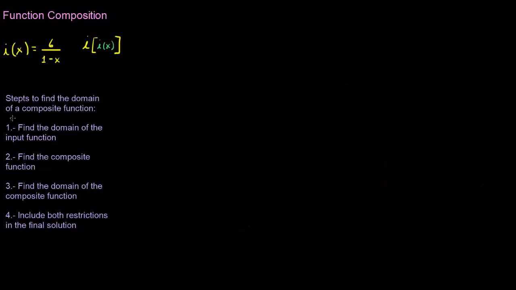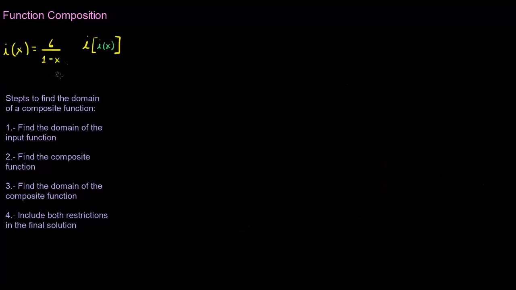So first, the first step would be to find the domain of the input function. In this case, the input function is this one, I of x, which is just the same function we have in here. So let's start by getting the domain of this I of x. This is a quotient, and every time you have a quotient or division, you have to pay attention to what's in the denominator, which is the one below here.